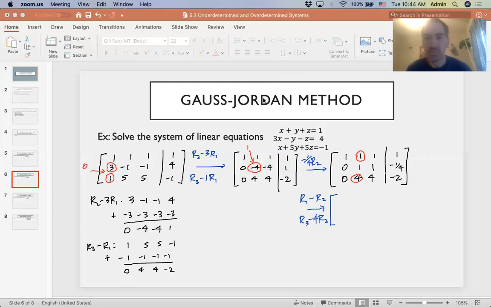Row 2 stays the same. And row 1 minus row 2 is 1, 1, 1, 1, minus 0, negative 1, negative 1, positive 1/4.